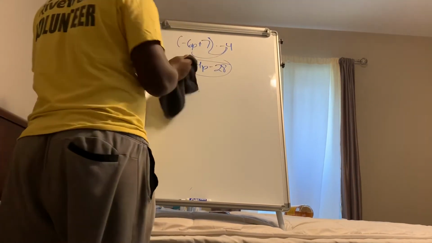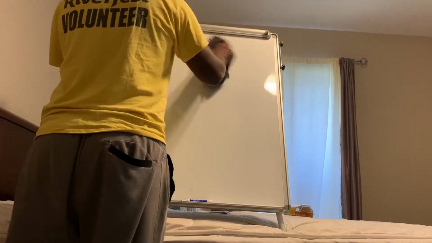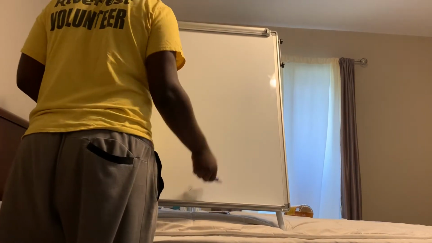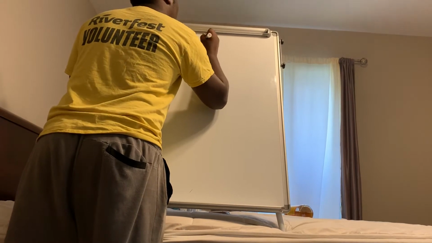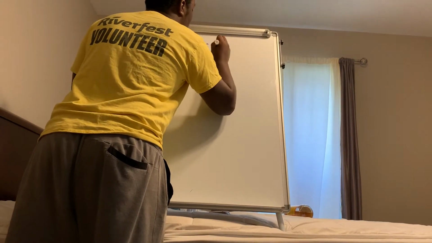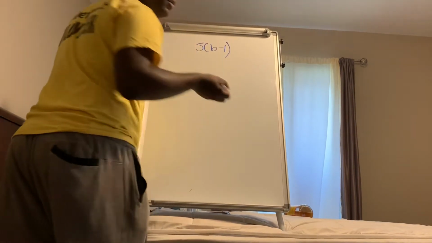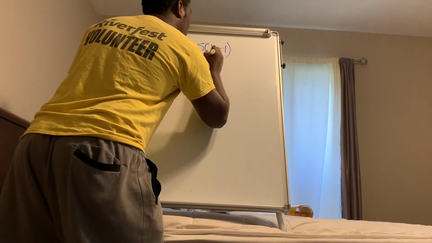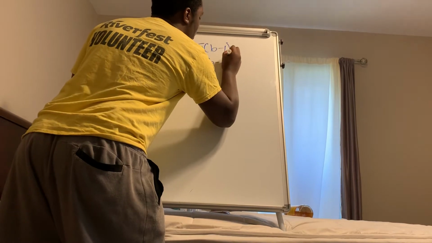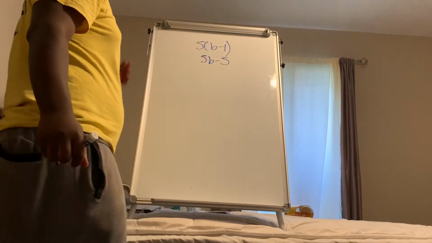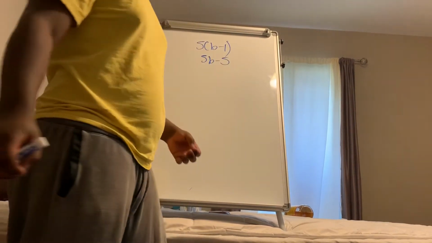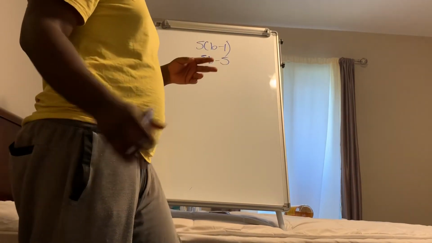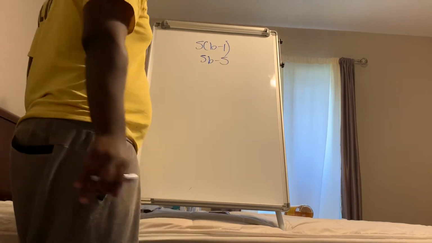The next one's real simple. It's probably even simpler than the first question. We have 5 times b minus 1. Simple. 5b minus 5. And I like questions that do, or assignments that do that. Sometimes, you know, when you have a lot of ones that are a little bit more complex, they throw an easier one later on down the line.